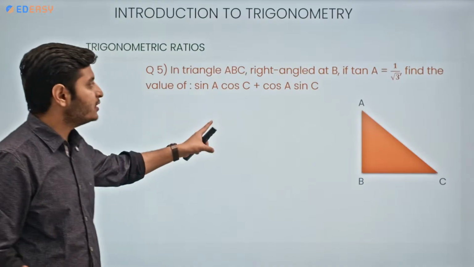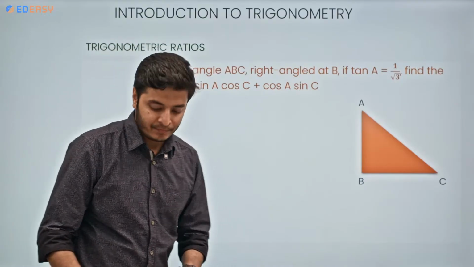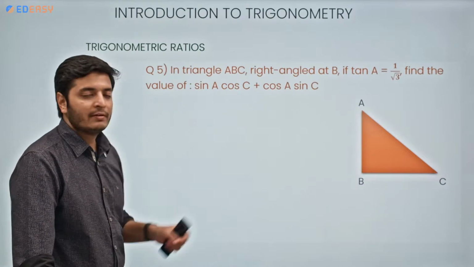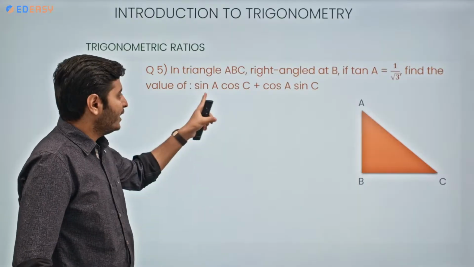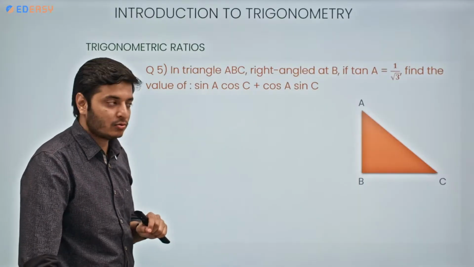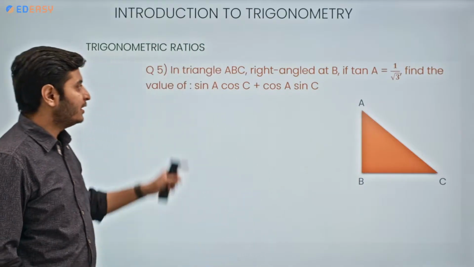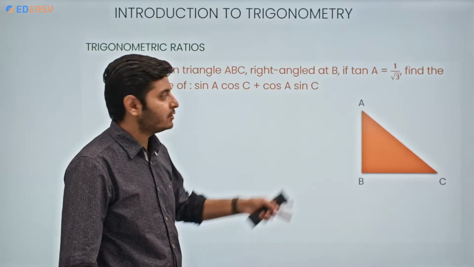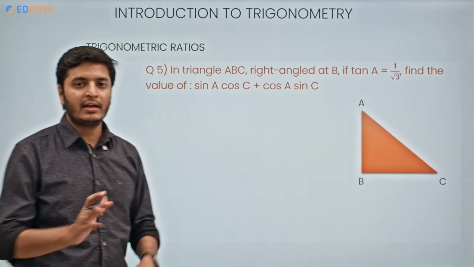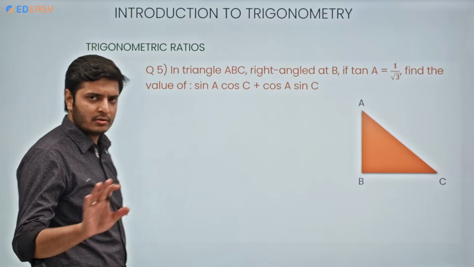But this is the first problem where we are gonna refer to two different angles, angle A and angle C also. So be very careful about the values here. Whatever value of sin A is, it cannot always equal the value of sin C because we are having different angles now. But still we can solve this very easily.